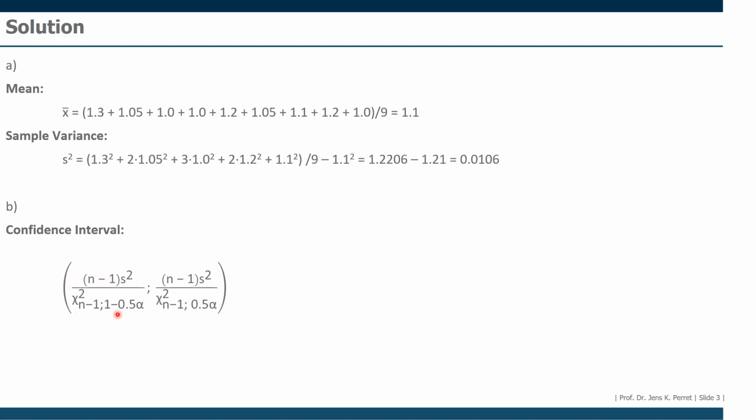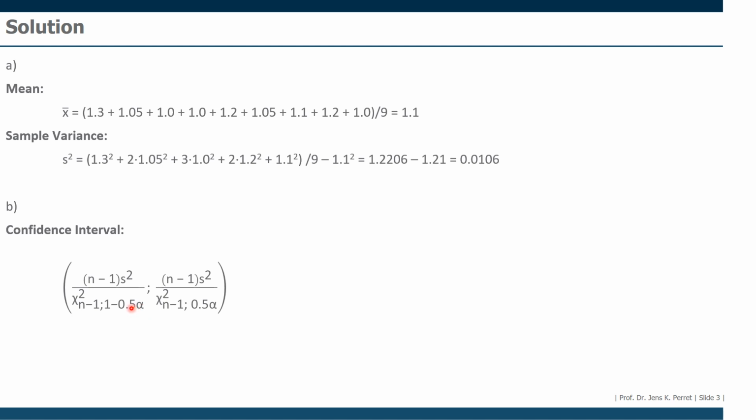Down here, we have to look up 2 values in the tables on chi-squared. N, number of observations, so here we have 8, minus, and the next one, 1 minus 1/2 alpha. Alpha is the margin of error.